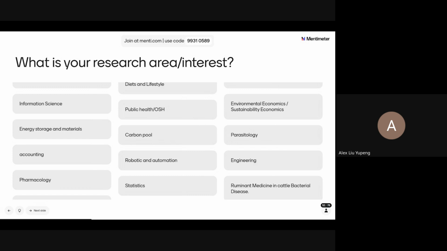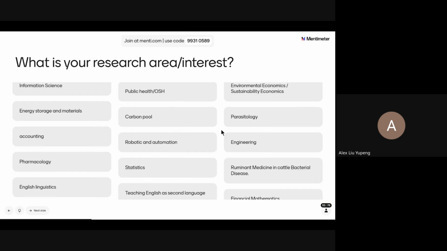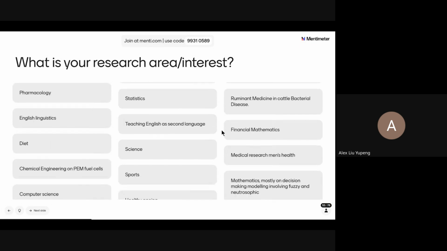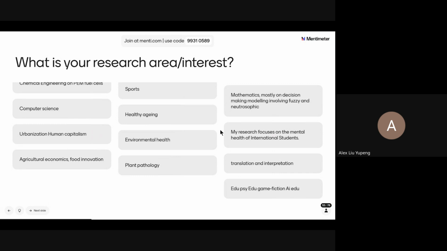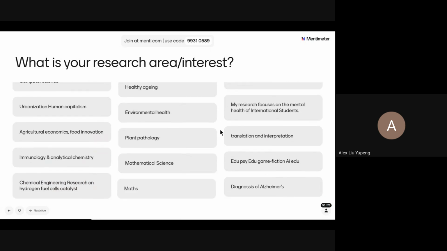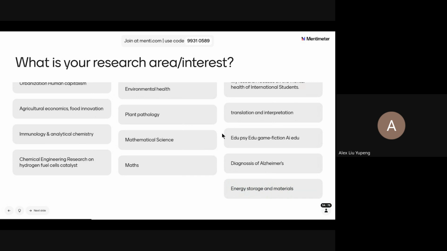Carbon pool as of greenhouse and environmental science, pharmacology, bacterial disease, statistics, diet, urbanization, human capitalization, okay, urban planning, chemical engineering, maths, energy storage, power and energy.